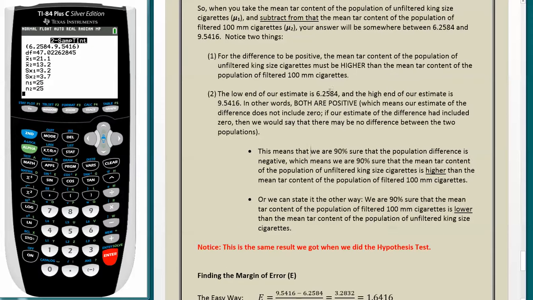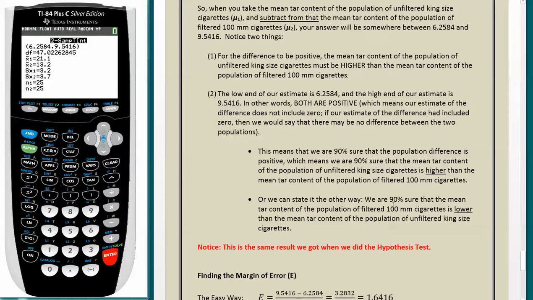So, the fact that these are both positive means that we are 90% sure that the population difference is positive, which means we are 90% sure that the mean tar content of the population of unfiltered king-size cigarettes is higher than the mean tar content of the population of filtered 100 millimeter cigarettes.